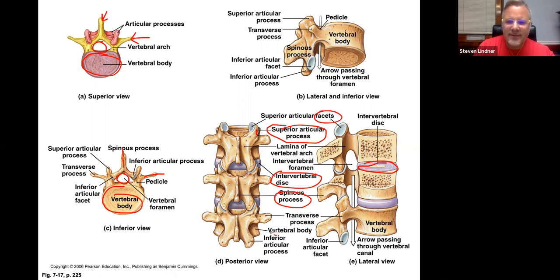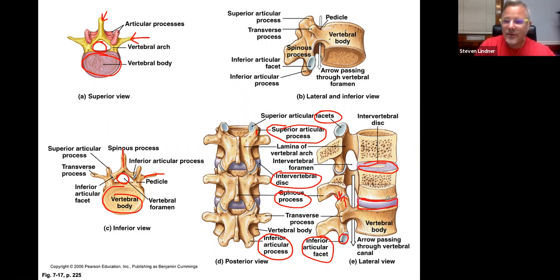Here is an inferior articulating process with an inferior articulating facet. And here's an inferior articulating facet and a superior one. They have to articulate to form that joint. The cushion right here, that's the intervertebral disc.